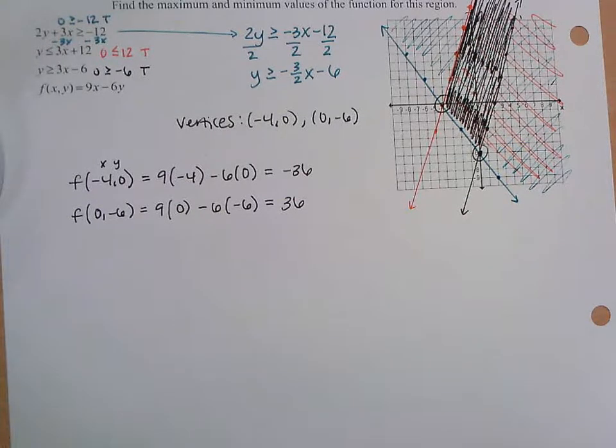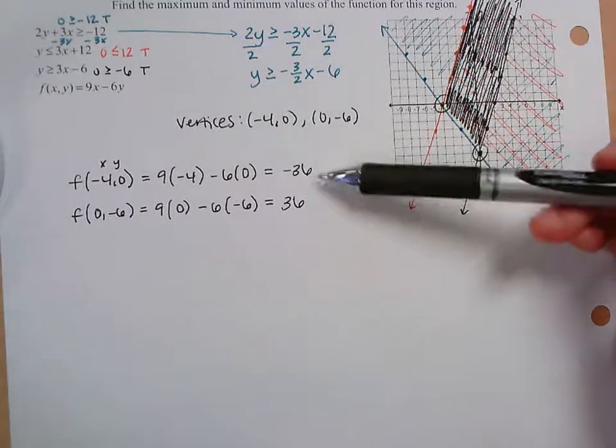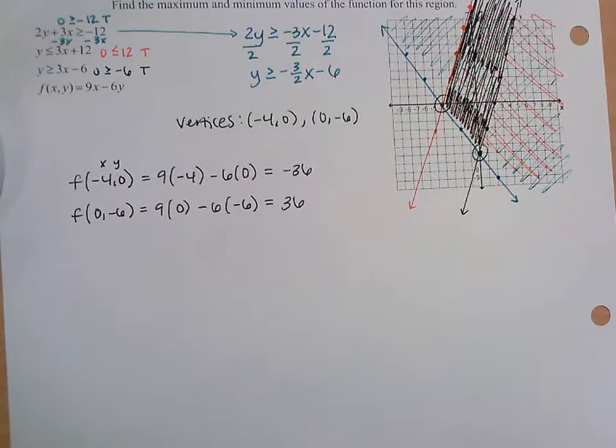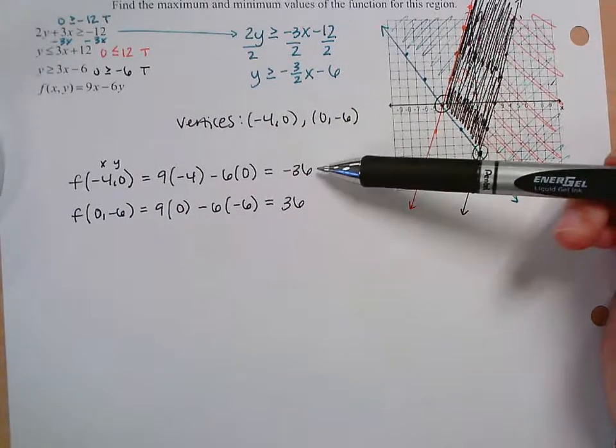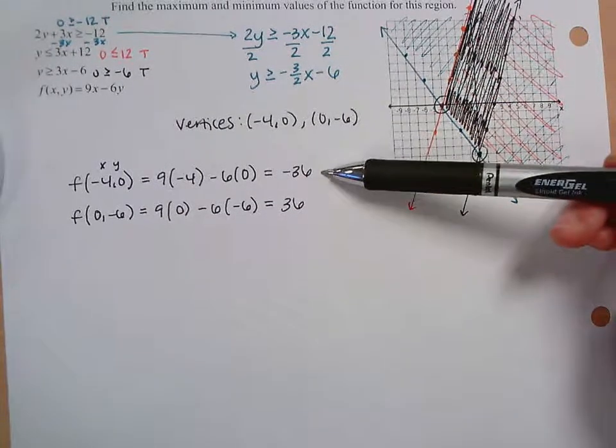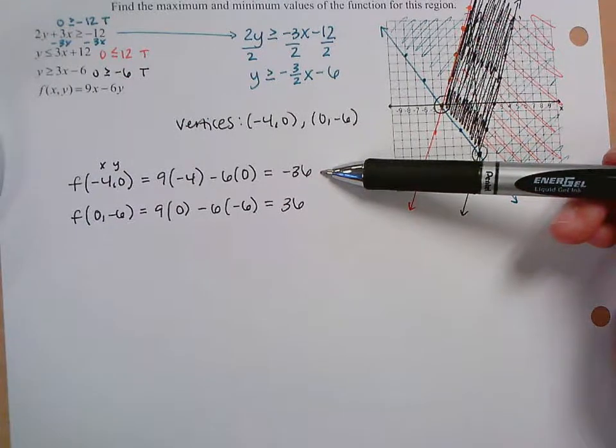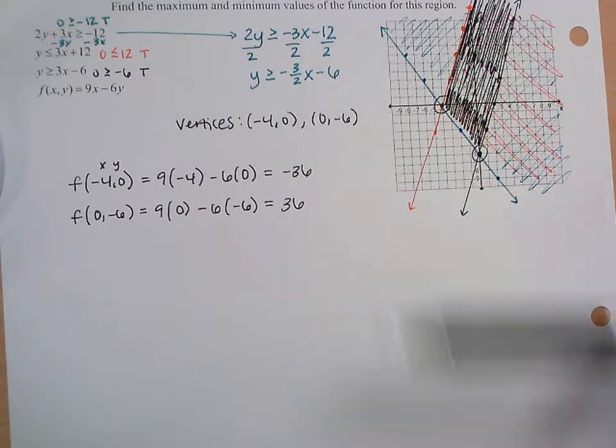Okay, and then just comparing these two values to each other, obviously one is going to be smaller, one's going to be larger. So how to determine if you have a max or min and then which one it is. So it's either negative 36 is the minimum and there's no max, or positive 36 is the maximum and there's no min.